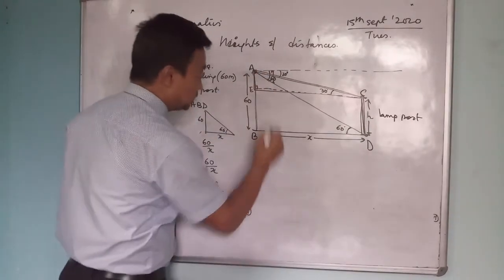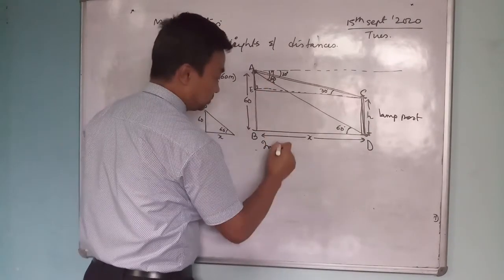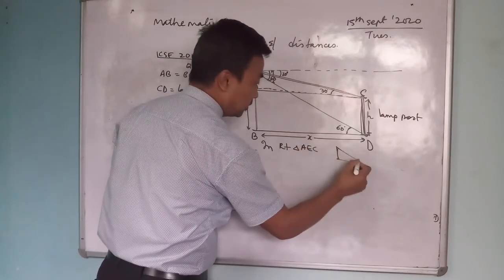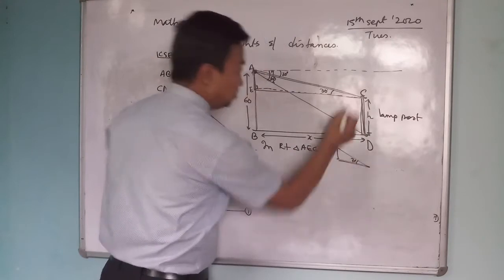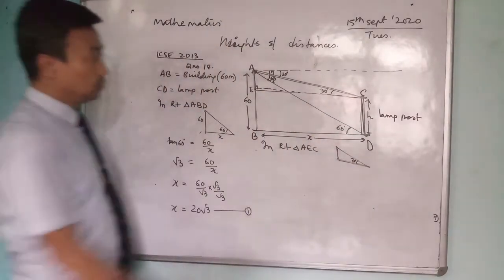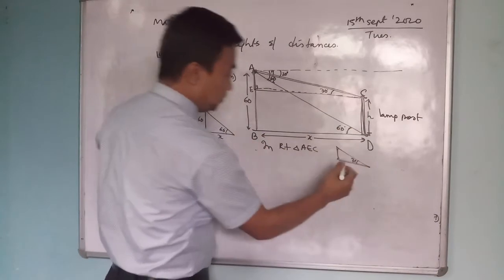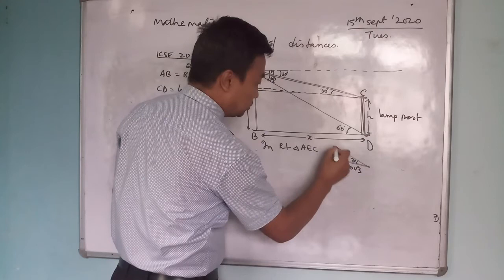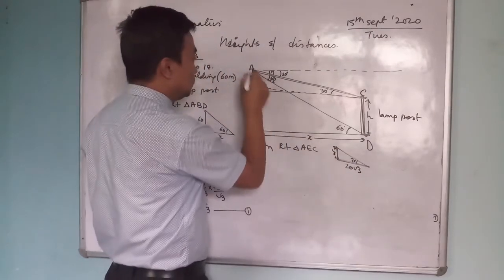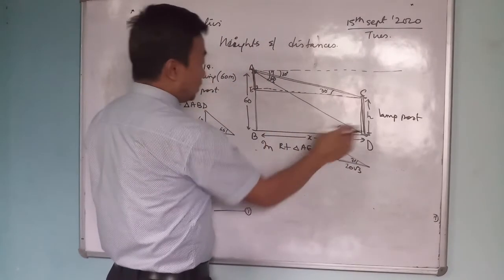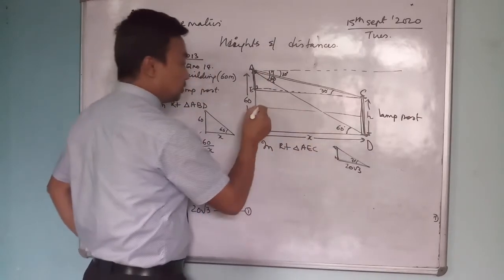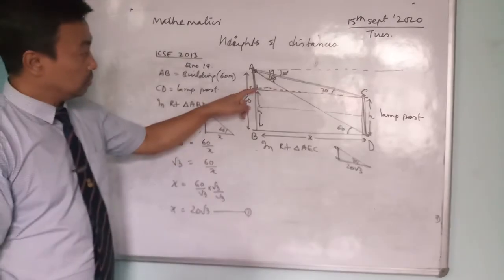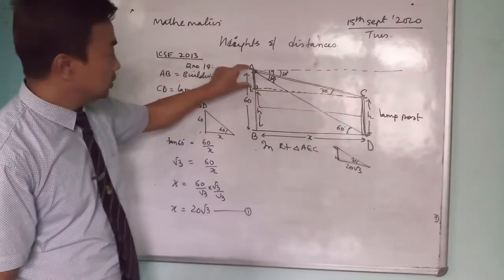Alright, so you can take right triangle AEC. Roughly, this angle is 30 degree, and this base we have just found out, because these two horizontal distances will be the same. So how much is it? 20 root 3. And this distance is the height of the lamp post, h, because this is the lamp post.